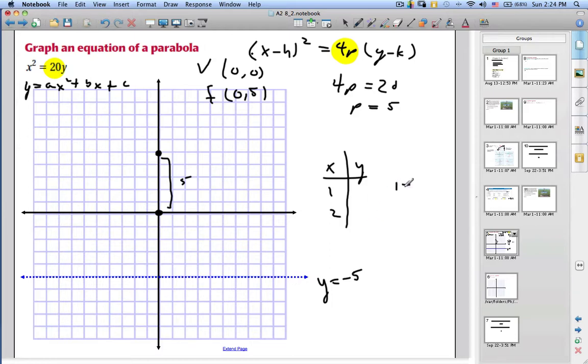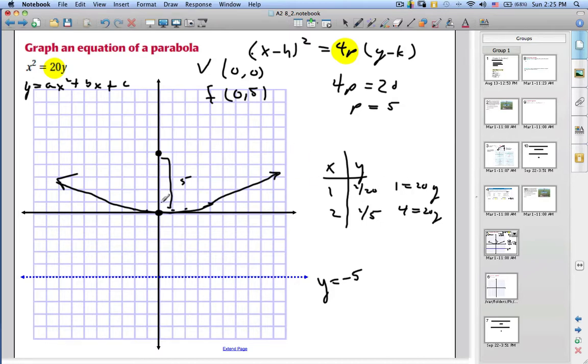So 1 squared is equal to 20y, so y will be equal to 1/20th. 2 squared is 4, which is equal to 20y, so that would be 1/5. And if I plot that, 1/20th, 1/5. Now, if I use negative 1, if I square it, it's going to end up with the same result. And I knew that anyway because my parabolas are symmetrical. So I'm plotting on either side of the axis of symmetry. And there's my parabola.